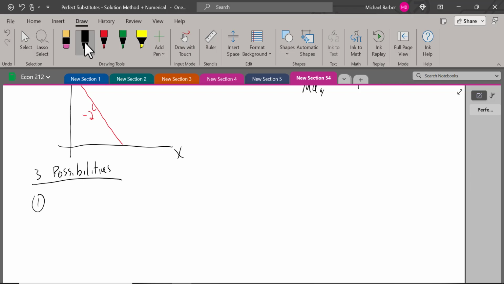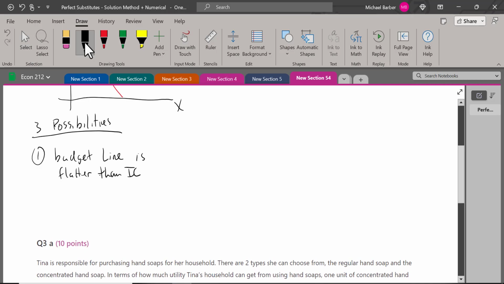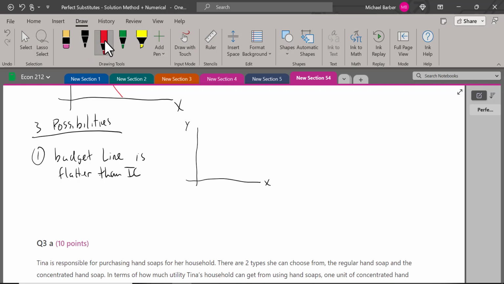When we compare these slopes, the first case is the budget line is flatter than the IC. I'm going to say IC for indifference curve. So think about what that looks like. Here's Y and X. Let's say, again, this is our indifference curve. And now our budget constraint, I'm going to do it in green, is flatter. The highest indifference curve we're going to be able to reach, the furthest one away from the origin, is only going to be consuming good X here.